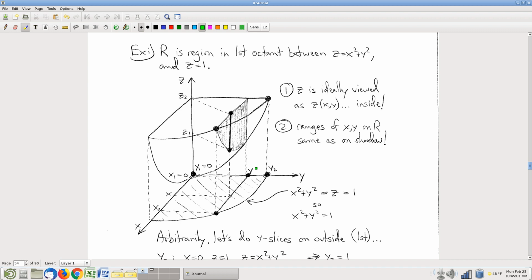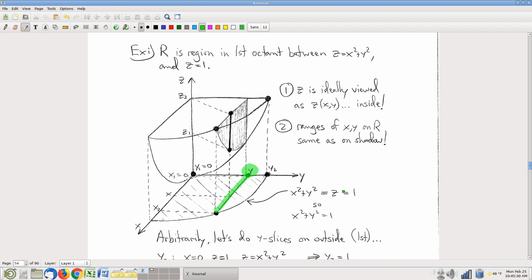So fixing a value of y, if I were looking at the solid, I would have to do business up here on that picture, a hard-to-draw slice of a hard-to-draw solid. But I'm not going to. I'm just going to do business over here. And that's what a y slice of my shadow looks like. And on that shadow, things are a lot easier.